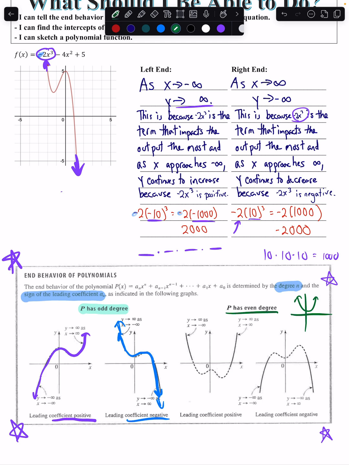If the lead coefficient is positive, it's opening upwards. If the lead coefficient is negative, it's opening downwards, much like if it was y equals negative x squared, that would open downwards. So those are the rules for the end behavior of polynomials. Can't stress enough, star this, make sure you guys are good with this. And let's go to the next page.